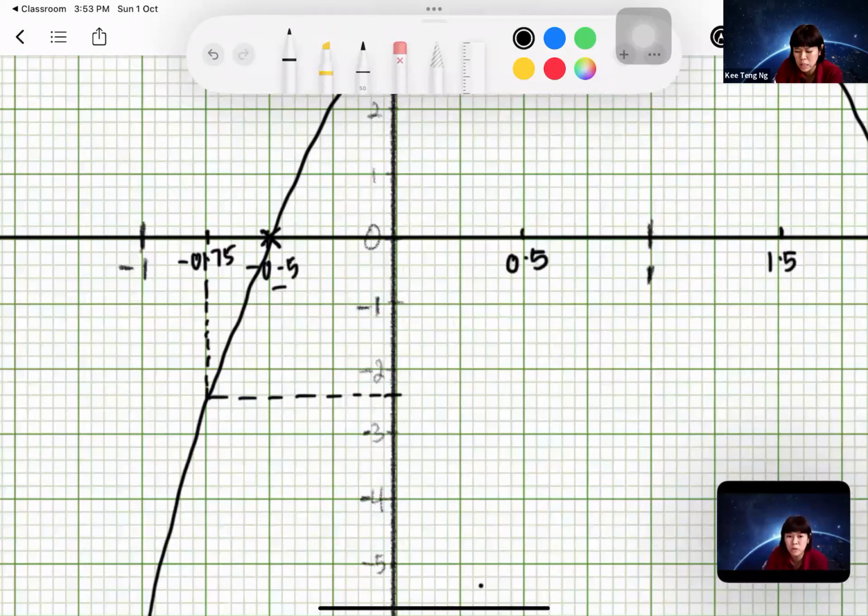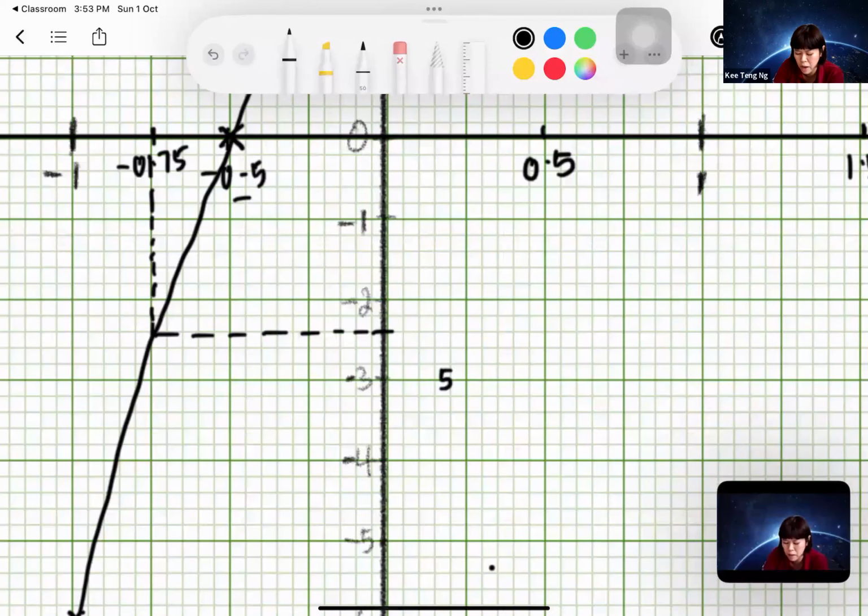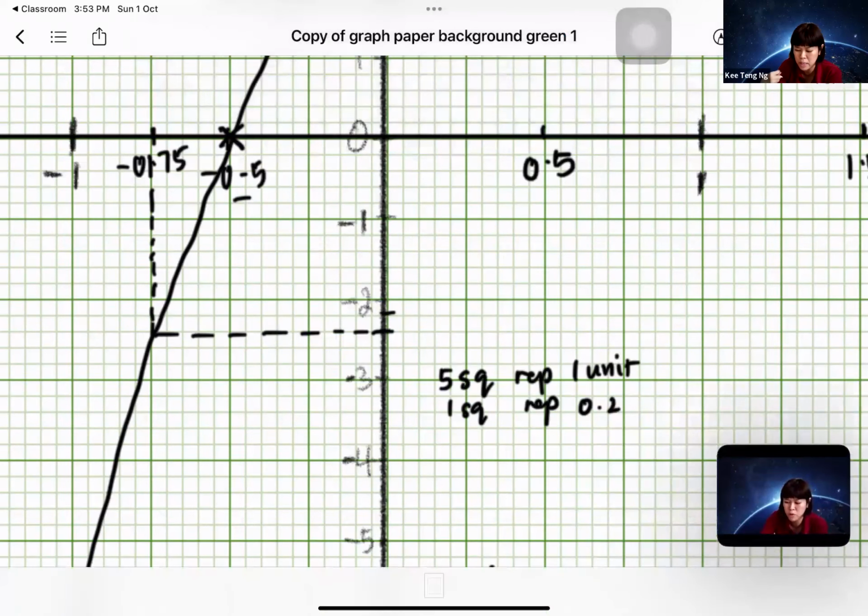In this case, 5 squares represent 1 unit, so one small square represents 0.2 of a unit. So this one will be negative 2.2, negative 2.4. That's my y value. So y equals negative 2.4.